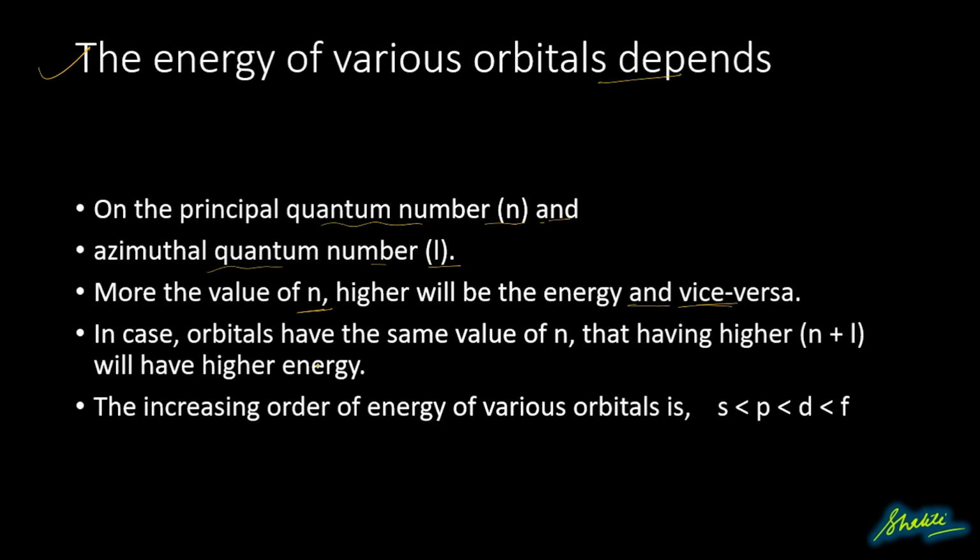When orbitals have the same value of n, those having a higher n plus l value will have higher energy, and those having a lower n plus l value will have lower energy. The increasing order of energy of various orbitals is s, p, d and f.